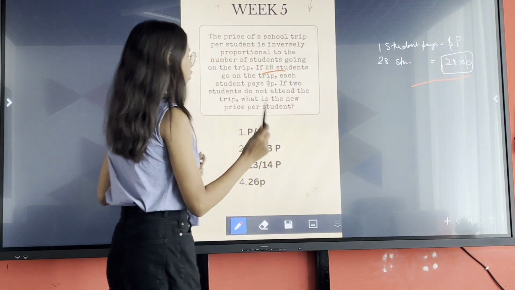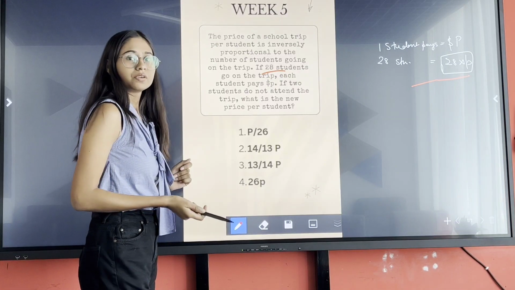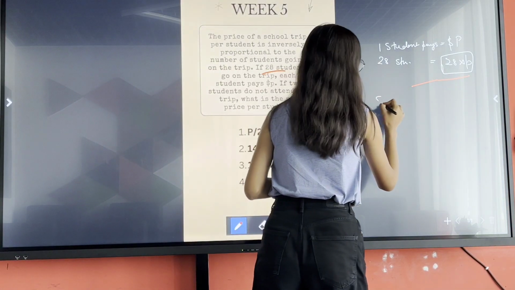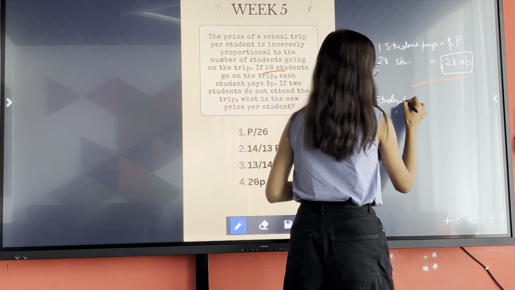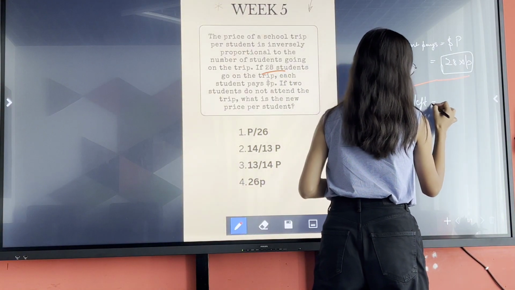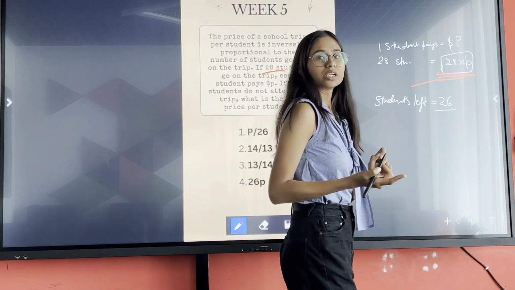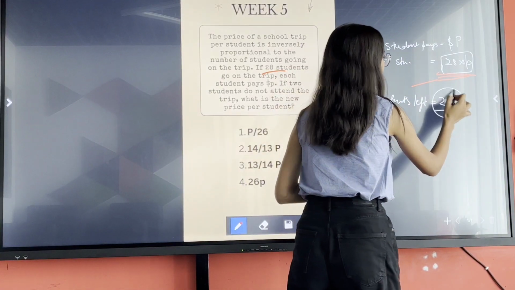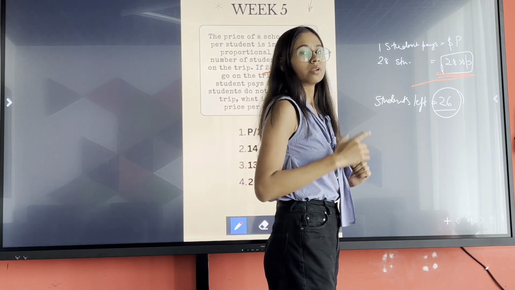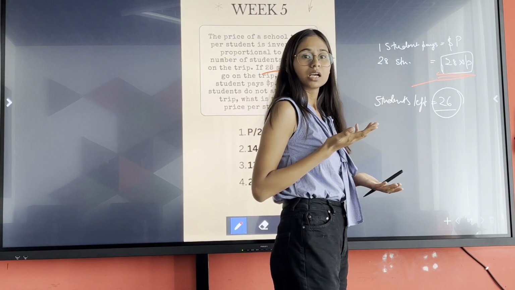Now, 2 of the students are not going to attend the trip. So, how many students are we left with? Students left are 26. Now, this total cost of 28 students is going to be distributed among these 26 students. Now, their cost is going to increase.